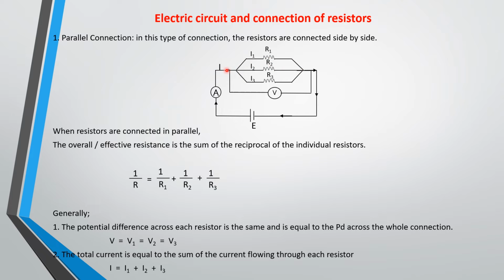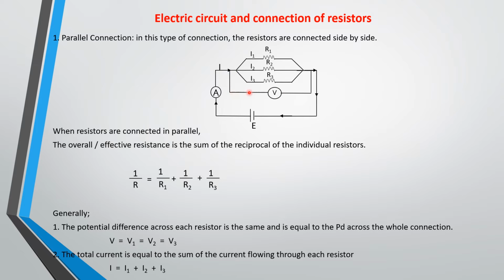So in this particular case, to find the overall resistance, you have to do this. You find the LCM of all the resistances, then you find the reciprocal to get your overall resistance. Then, as I said before, the overall current is the sum of the individual currents. Then the voltage is the same.